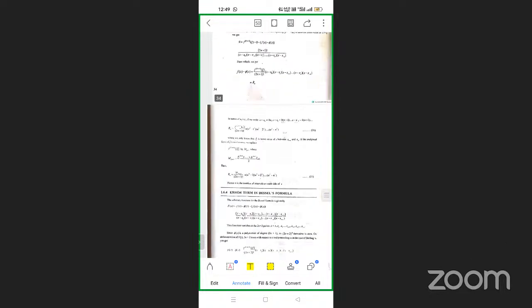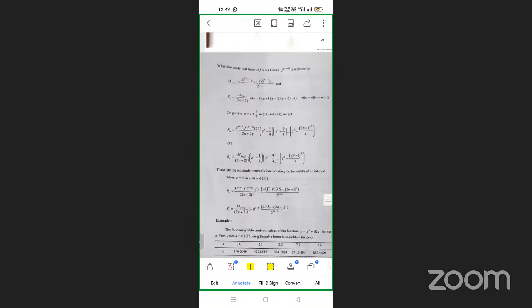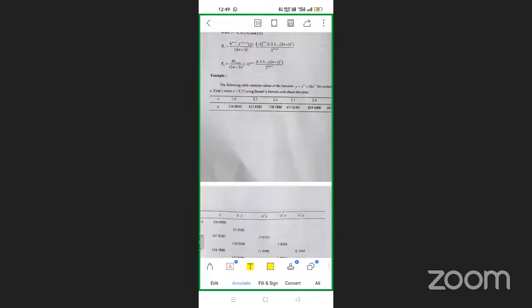So in this first chapter, the important topics are Newton's forward, backward, Gauss forward, and Gauss backward. So these four topics are important.